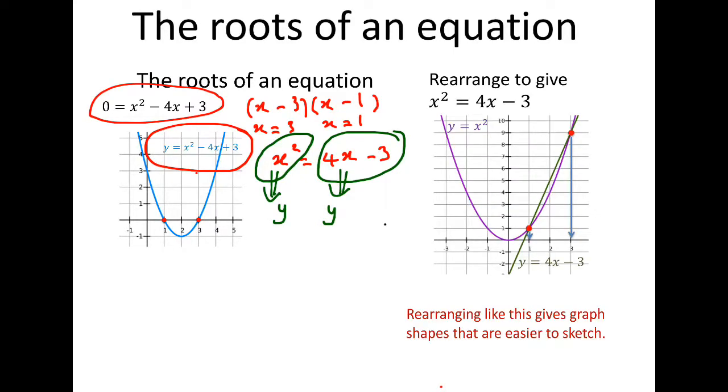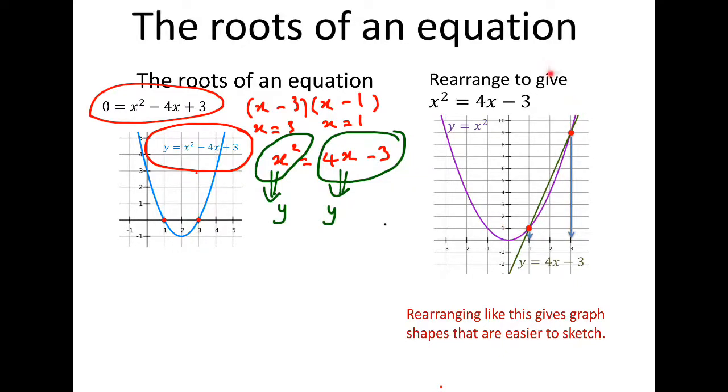So all I've done here, I've rearranged the equation into this format here, and then plot x squared on its own, and that is the parabola, going through the origin, that's y equal to x squared.